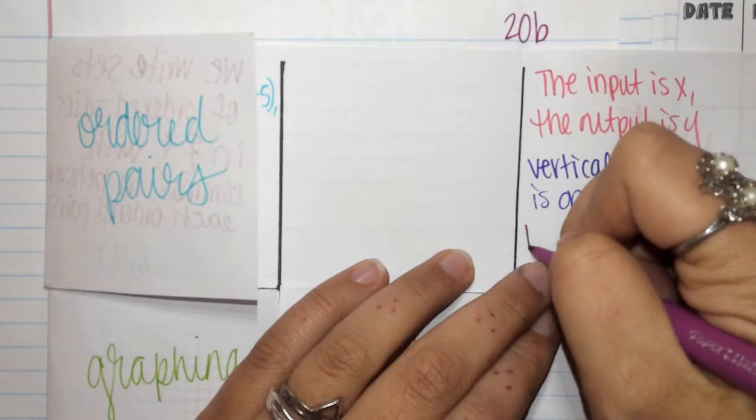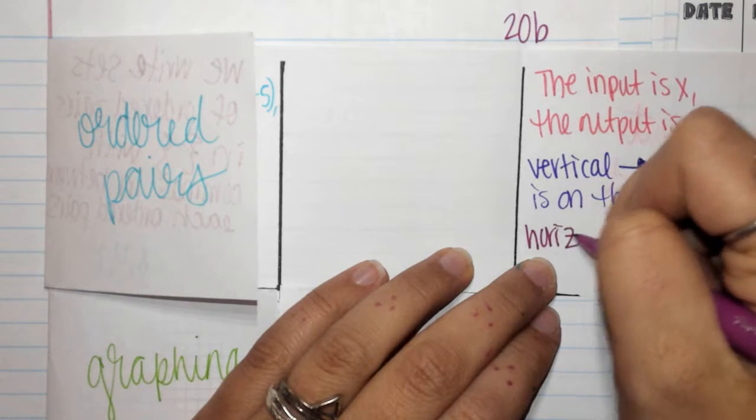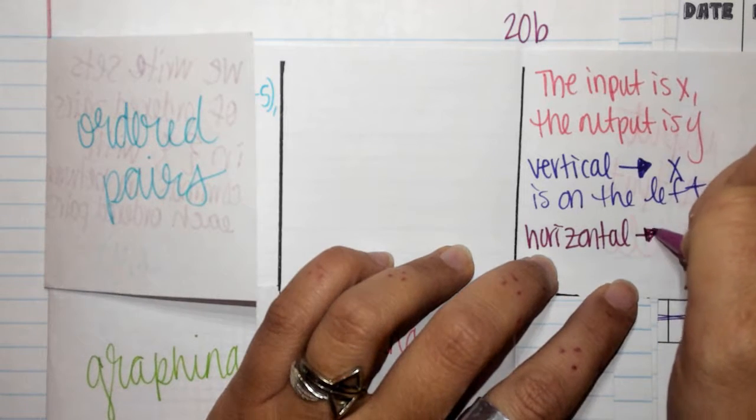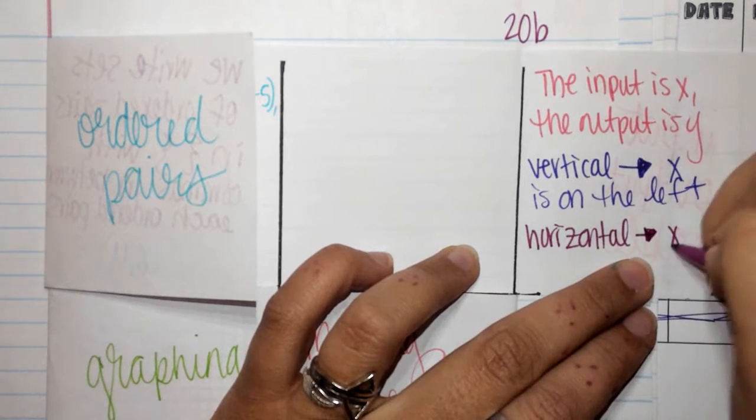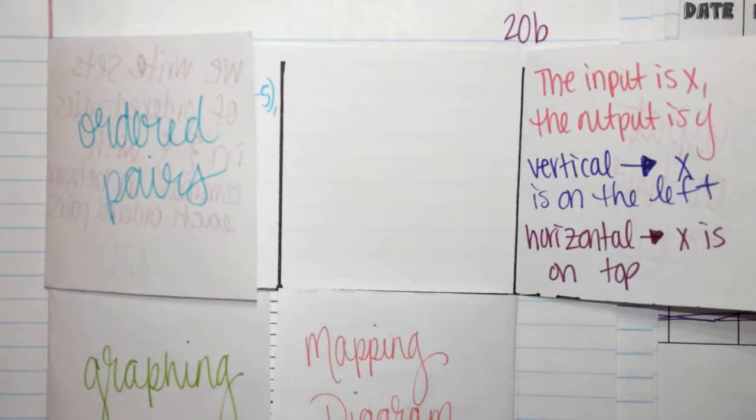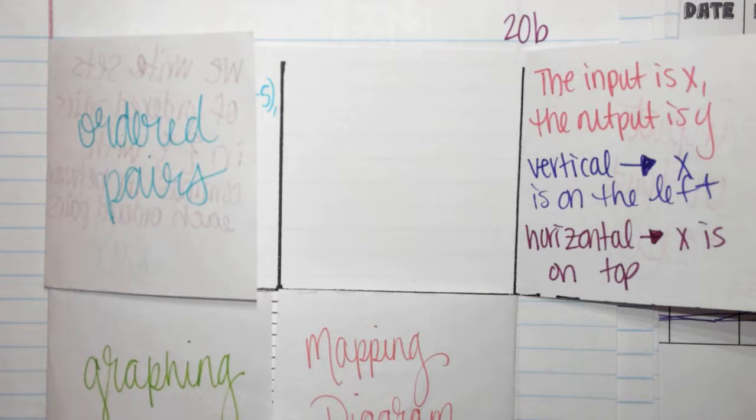Right to left. Whichever way. For a horizontal table, X is on top. How are you confused?